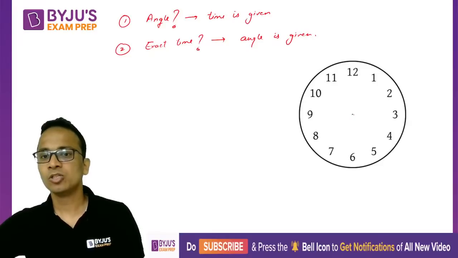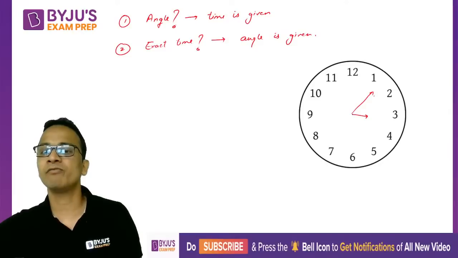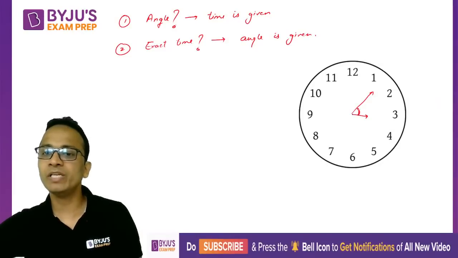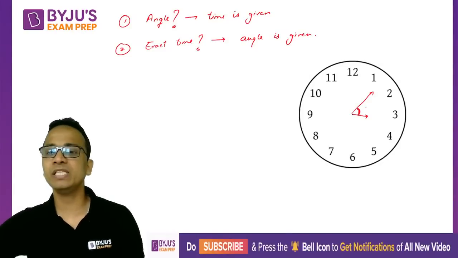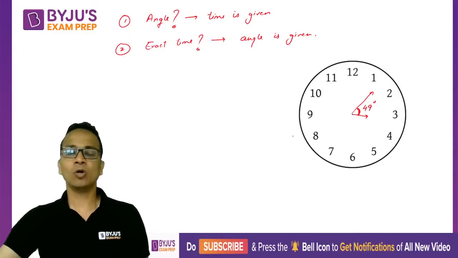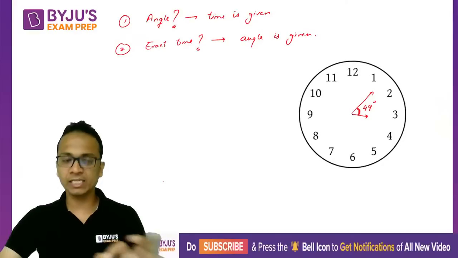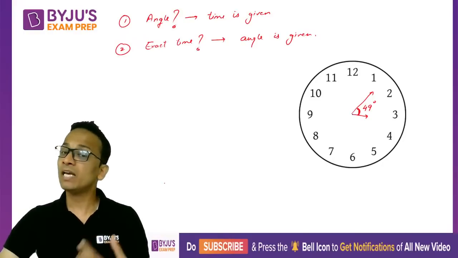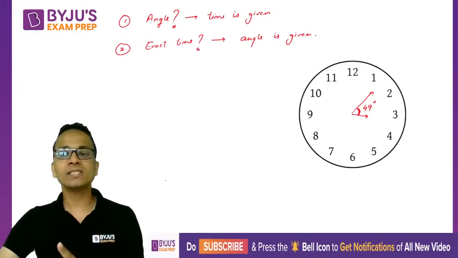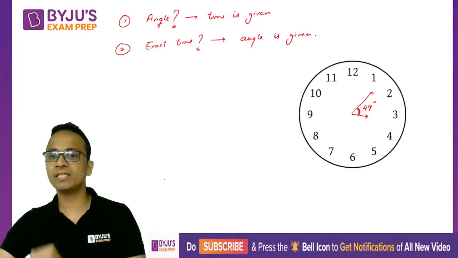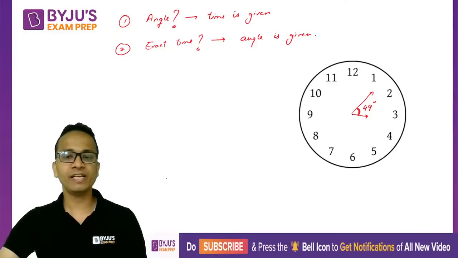Let's say the hour hand is somewhere here and the minute hand is somewhere here, and the angle between the hands is given as 49 degrees. Now, what is the reflex angle between the hands at this point?